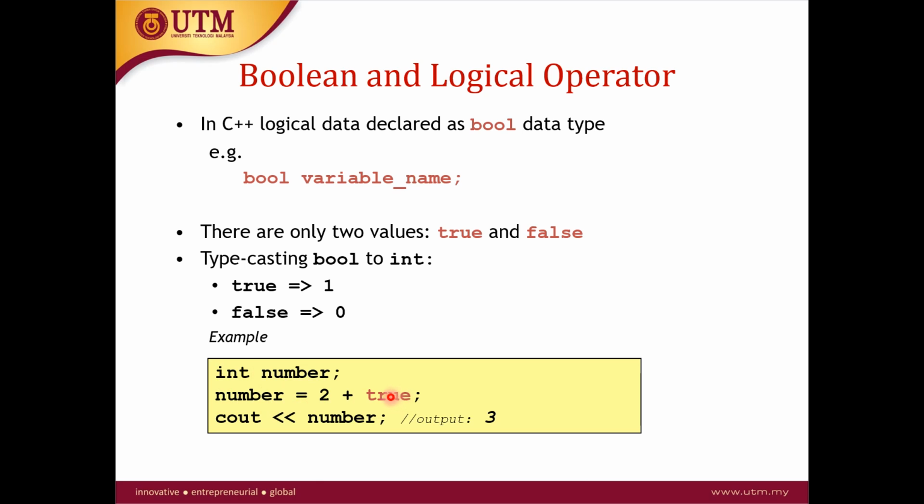This true is a Boolean value, but we are adding it to an integer value and holding the result in an integer variable. So this true is considered as 1. 1 plus 2 is going to be 3, so the number is going to be 3. cout number, the output is going to be 3.